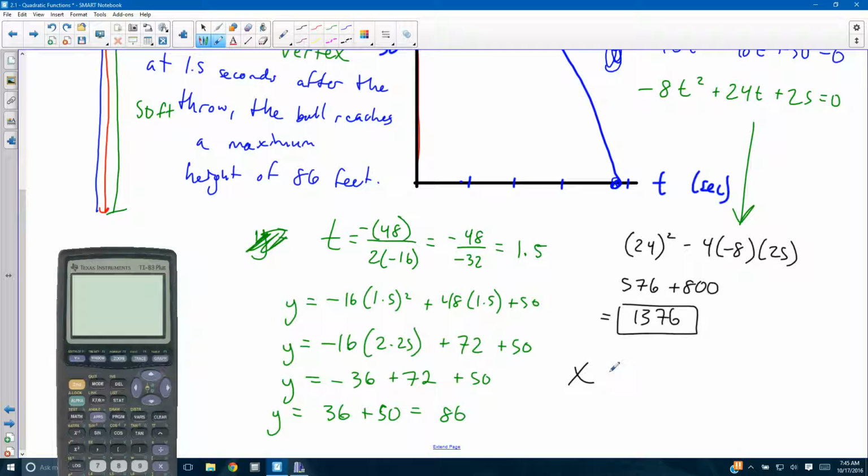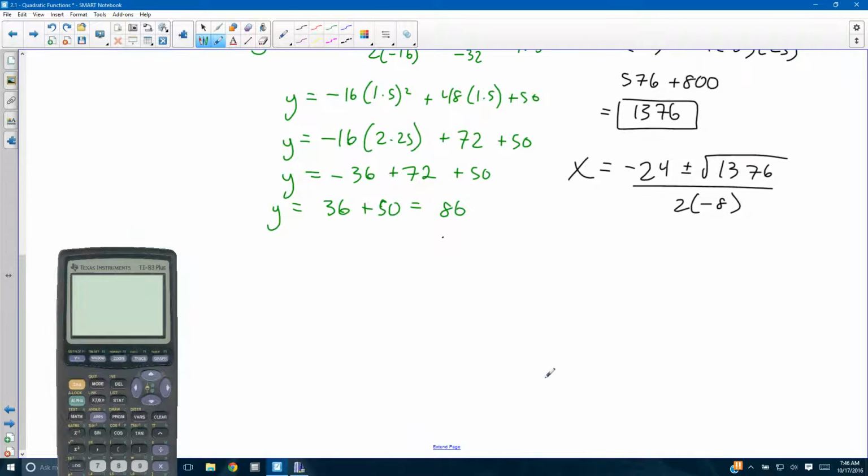So when I do the quadratic formula, it's going to be x equals negative b plus or minus the square root of b squared minus 4ac all over 2a. All right. So this becomes x equals negative 24 plus or minus the square root of 1376.